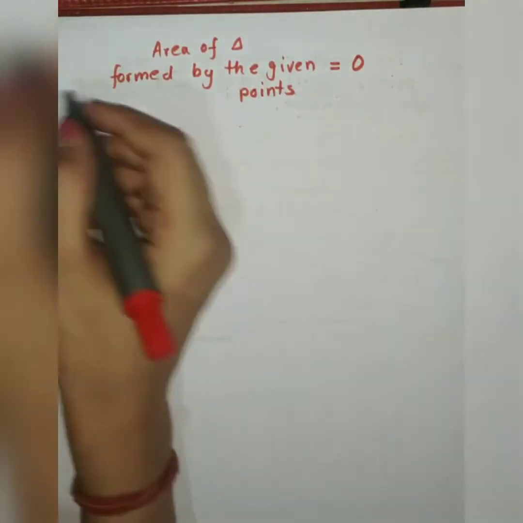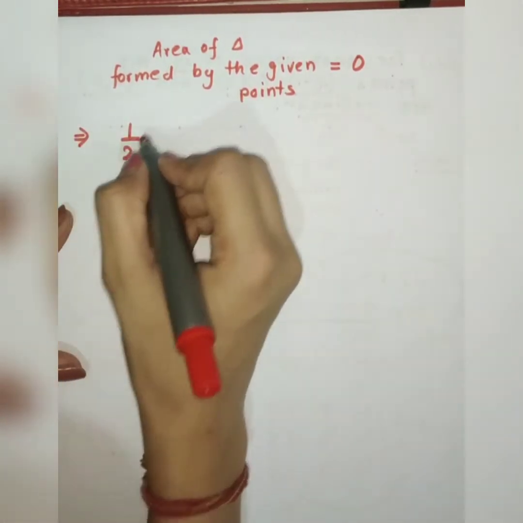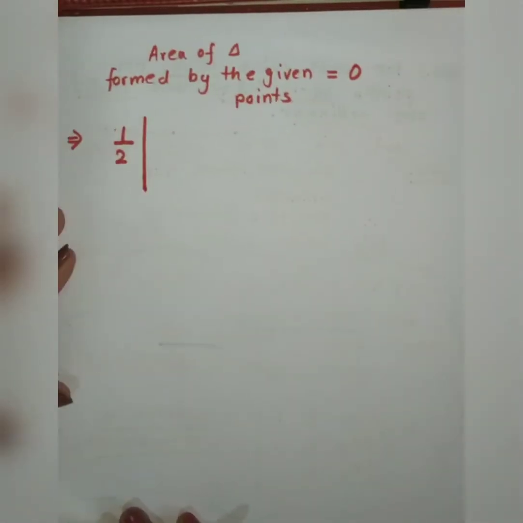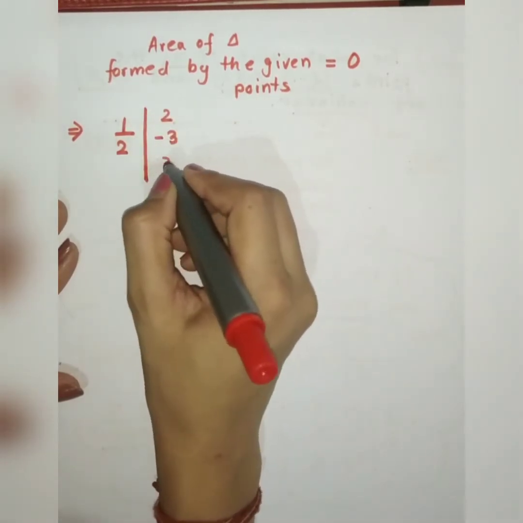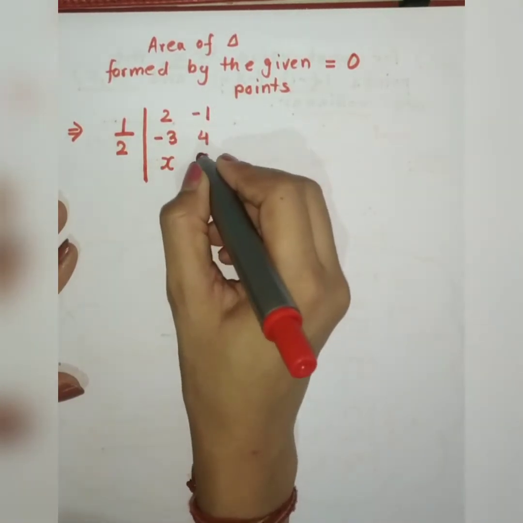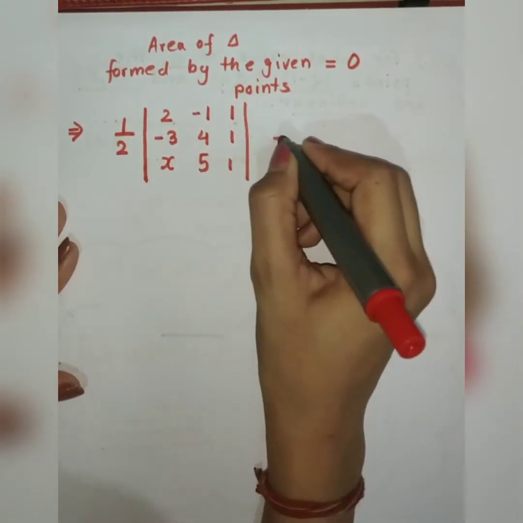So let us use the formula in terms of a determinant, writing all the x coordinates in column 1, that is 2, -3, x, all the y coordinates in column 2, that is -1, 4, 5, and you have to write simply 1, 1, 1 in column 3.